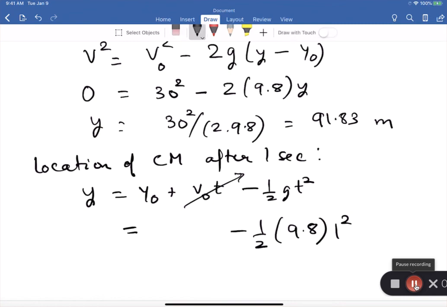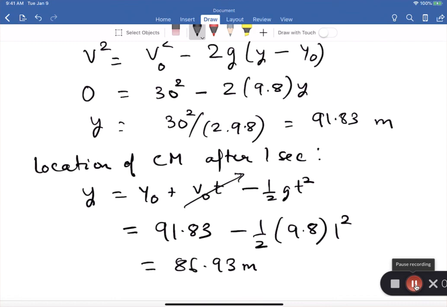Anyway, 91.83. So if you plug this in and do the rest, minus half times 9.8 times 1 squared, that gives me 86.93. So 86.93 was the final answer.